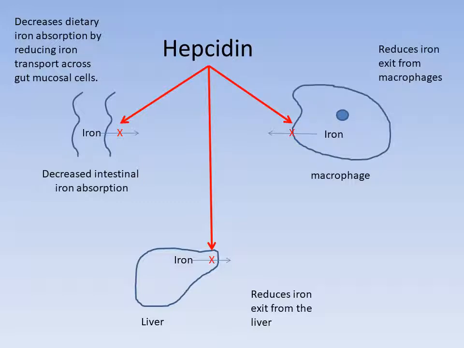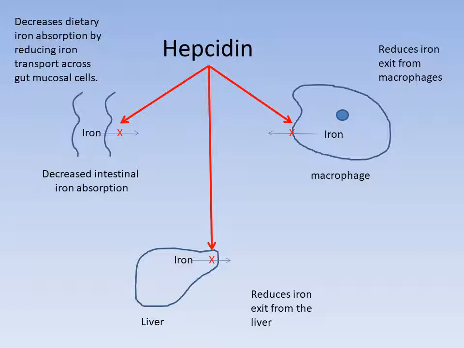There are also cells in your body called macrophages, which contain a lot of iron, and hepcidin prevents iron from leaving these cells as well. So both the liver and macrophages, which are a type of white blood cell, are part of something called the reticuloendothelial system and are significant storage areas of iron in our body.